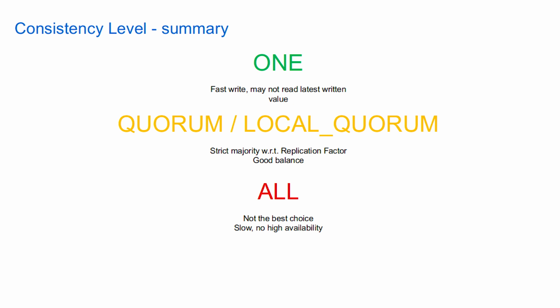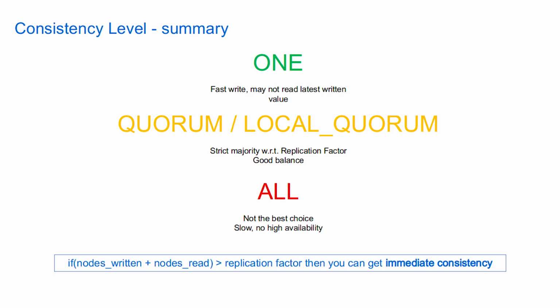One very interesting aspect I want to bring forth here is there some sort of a relationship, some sort of a formula that you can apply to say that if this formula is true, any distributed masterless architecture will give me immediate consistency. What a brilliant articulation here.